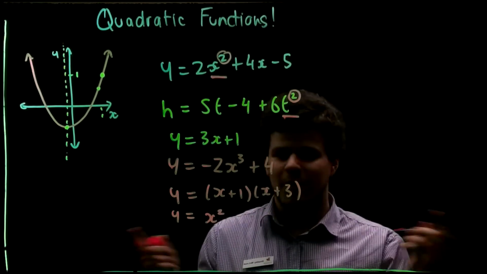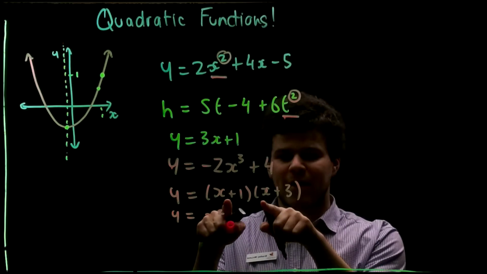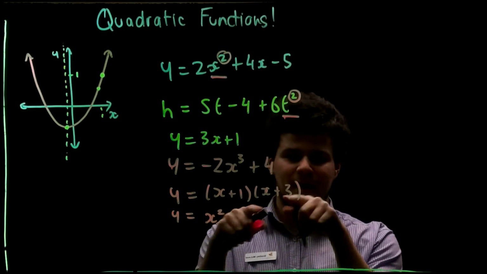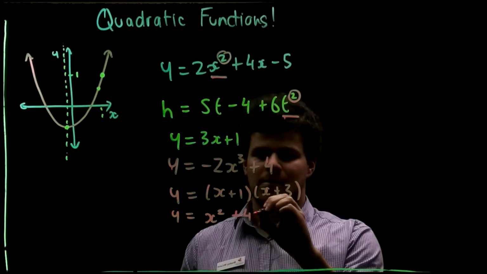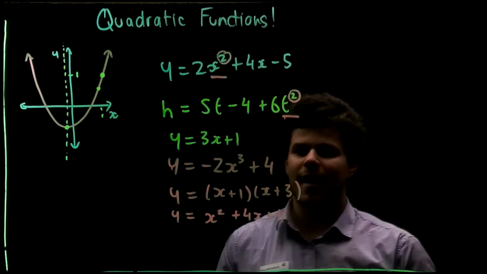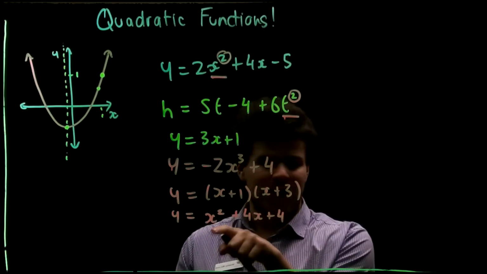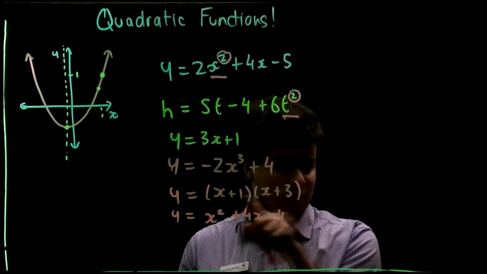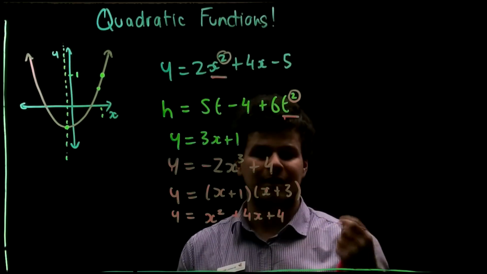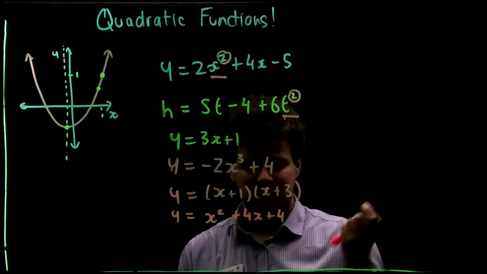Hello, that's our x squared term. I'll just quickly run through the rest. It's plus 3x, plus x, and plus 3, so that'll be plus 4x plus 3, after doing the full expansion. So anything like this will always have some sort of x squared term at the front. So that's actually quadratic as well. Okay, so you need to make sure everything's as expanded as it possibly could be.